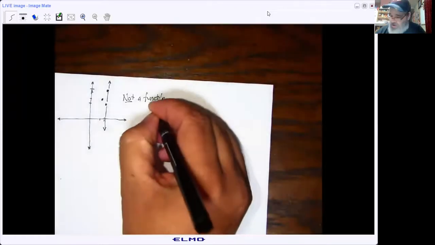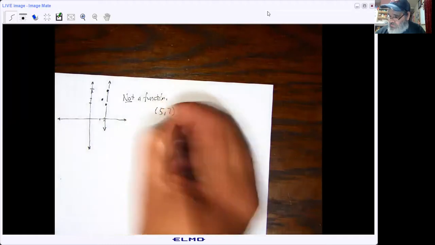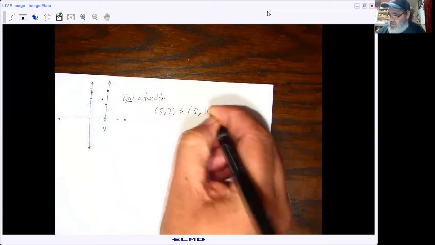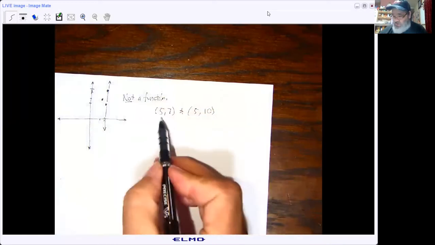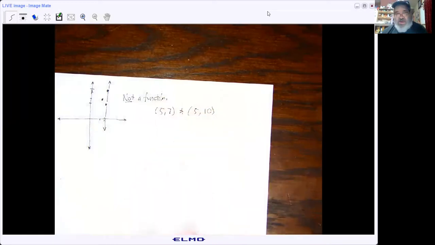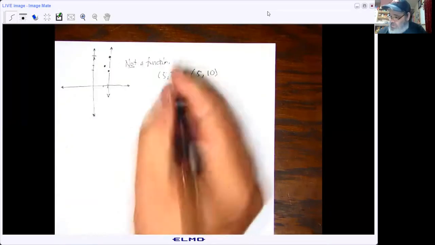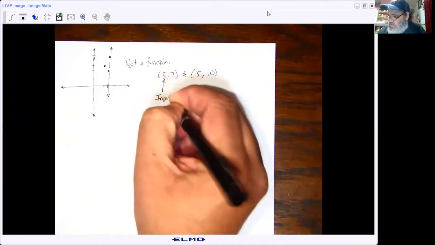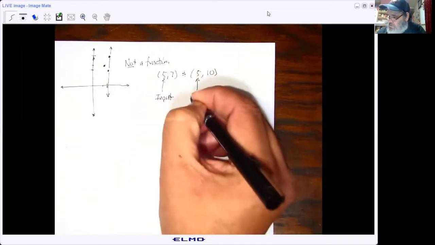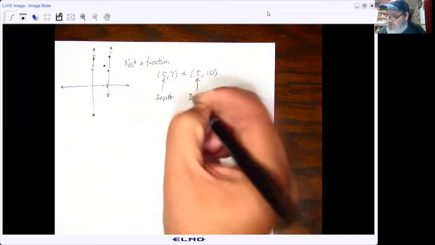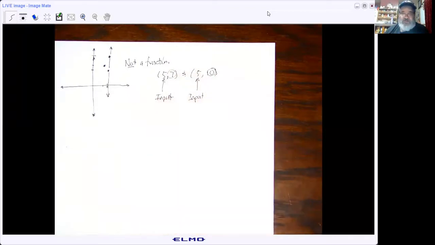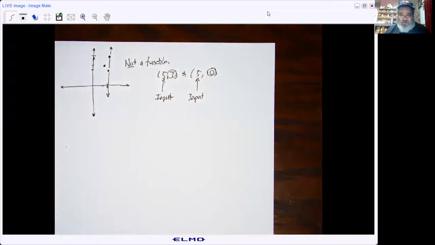Well, the coordinates that caused it were 5 and 7 and 5 and 10, because in order to be a function, we cannot have one input give us 2 different outputs. Fails the vertical line test, therefore is not a function.